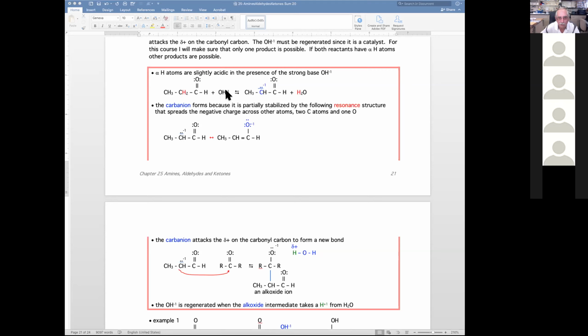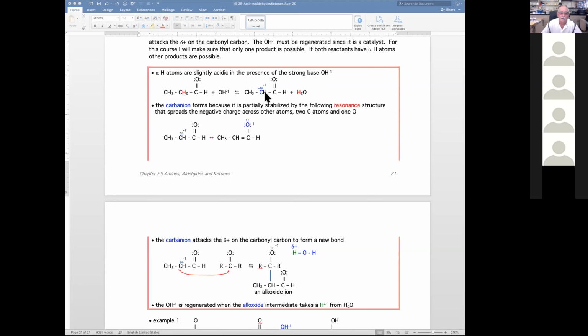The only acid able to do anything with the hydroxide is the alpha hydrogen right there. In a test tube you can actually convert all of it into the carbanion form. This is what's called a carbanion. That's a full negative charge.